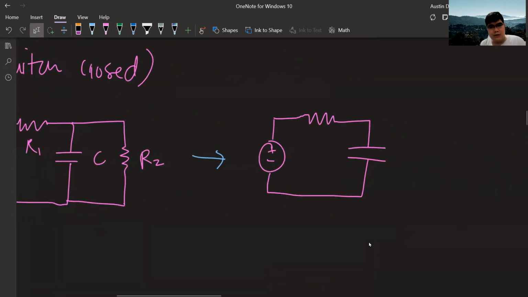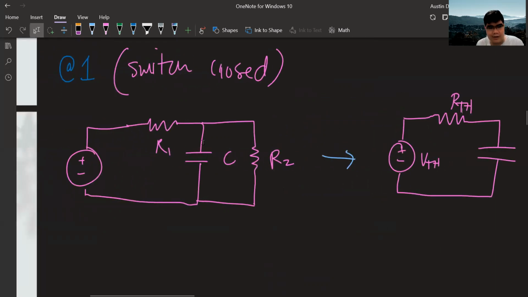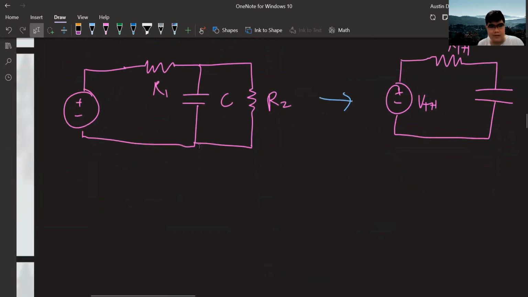Okay, so gawin natin itong Thevenin equivalent circuit kasi ito yung pinakamadaling for this example. Okay, so I just disconnect this, para hindi malito yung iba. Let's do this slowly.